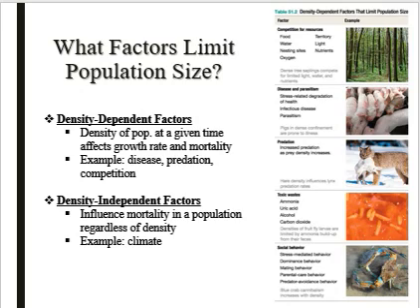All right, so what factors limit population size? Nature regulates population growth in a variety of ways. Simply put, or in general, they are grouped into two categories, or two bins, right?